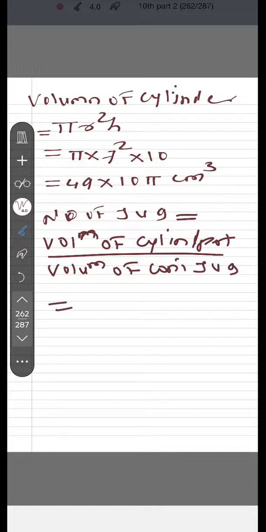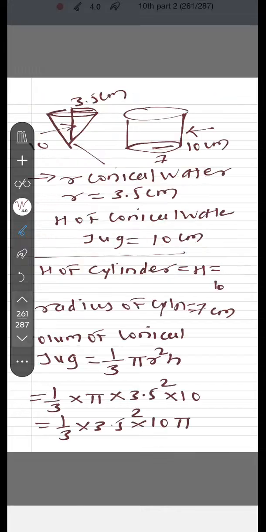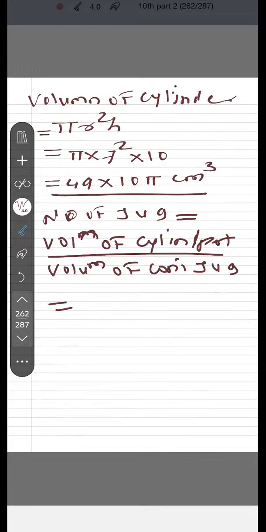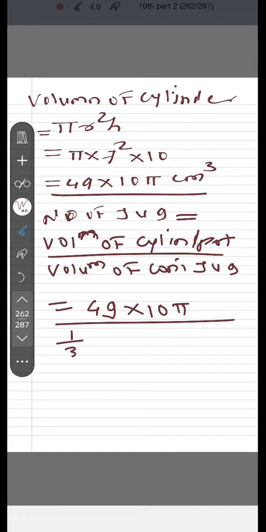We have already found these, so it is 49 into 10 pi divided by 1 upon 3 into 3.5 square into 10 pi.